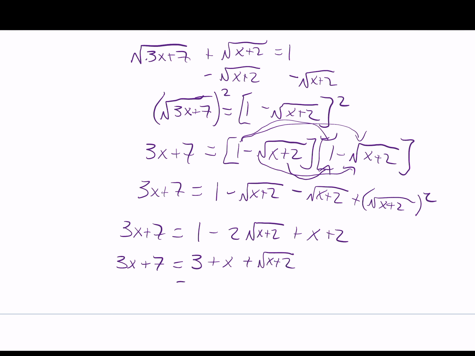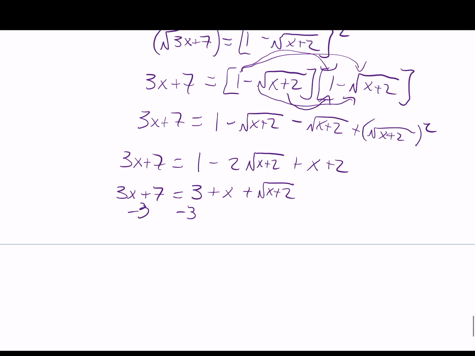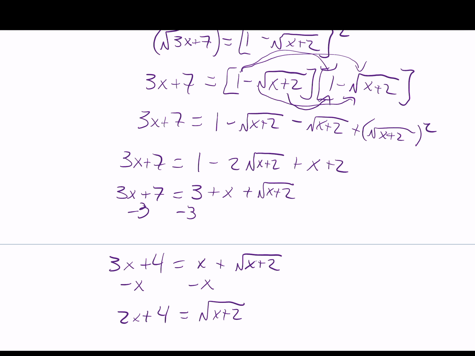We can subtract 3 from both sides to get 3x plus 4 is equal to x plus the square root of x plus 2. And then we can subtract x from both sides to get 2x plus 4 is equal to the square root of x plus 2.